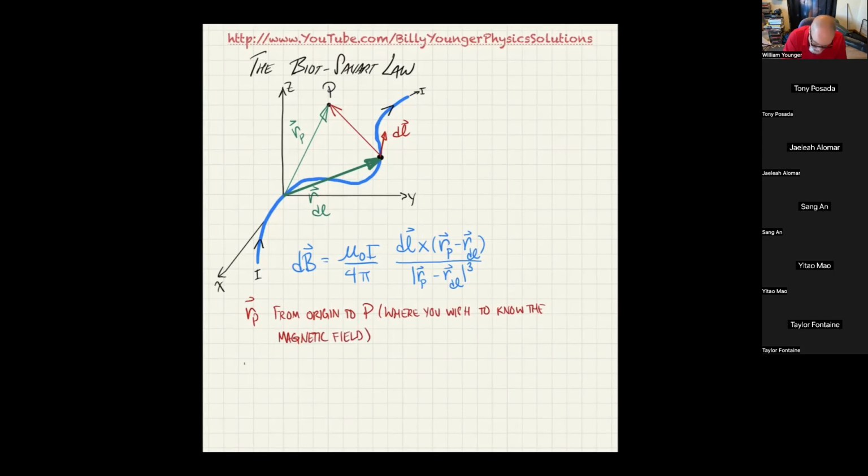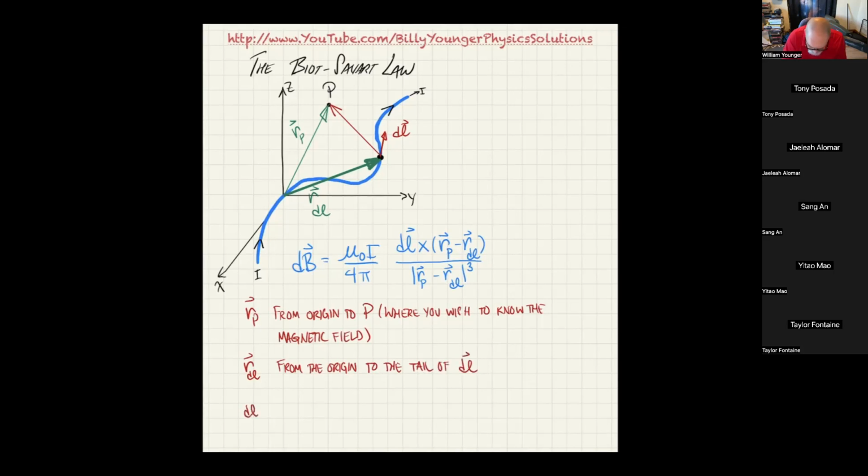Okay, and then you got RDL, which is from the origin to the tail of the DL vector.